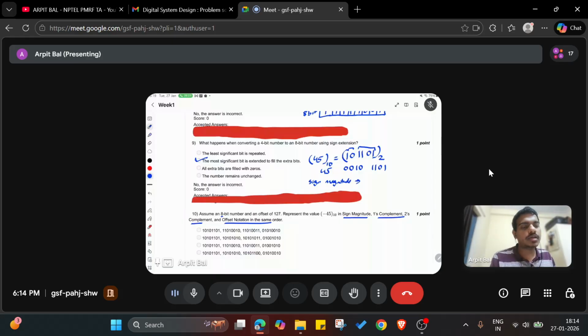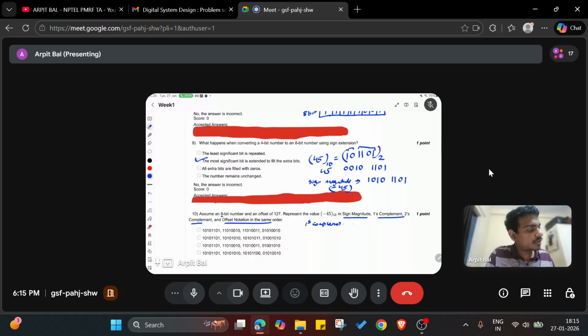Now I'll just change the MSB to represent minus 45. So sign magnitude minus 45 will be 10101101. Next thing is in 1's complement form. In 1's complement form, I need to invert all the bits of 45.